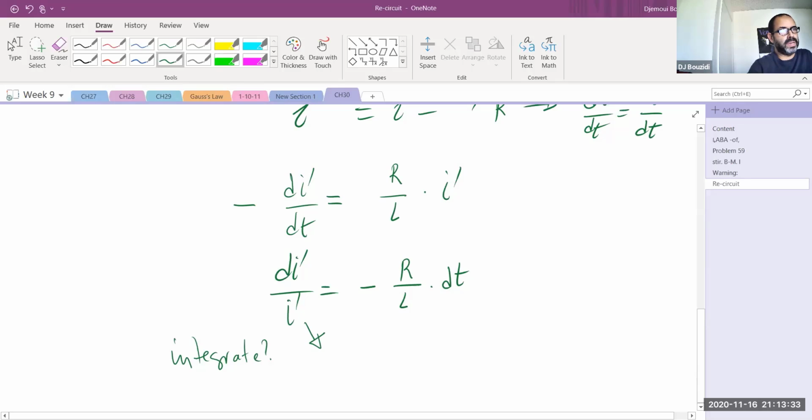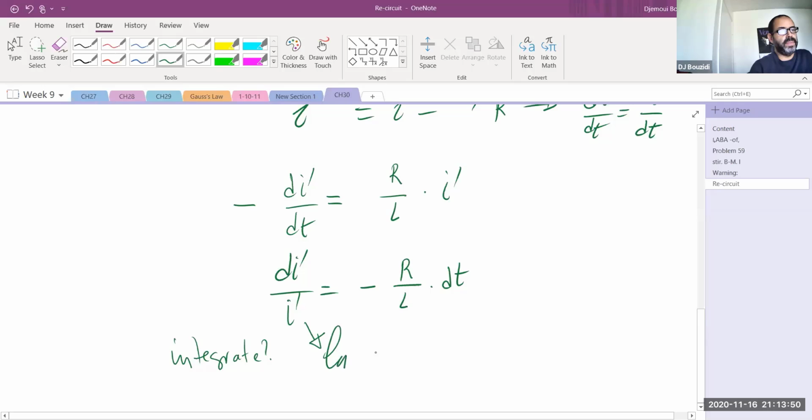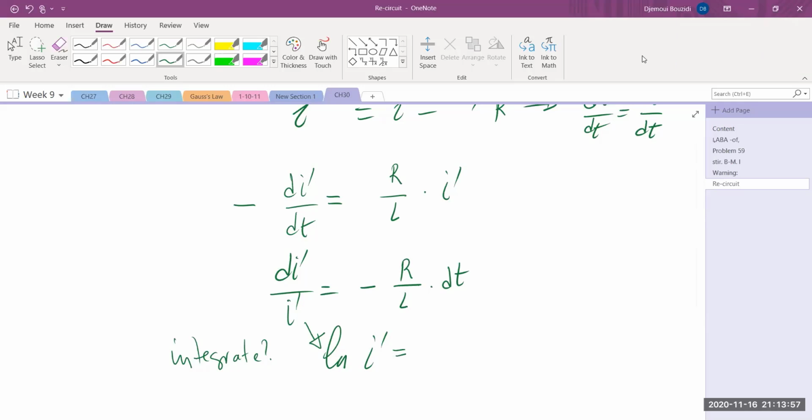Remember, we're integrating with respect to I prime. It's like integrating dx over x. Would it just be ln x or ln I? Does anybody agree with Faraz? Okay, so good. I think that's correct, yes.